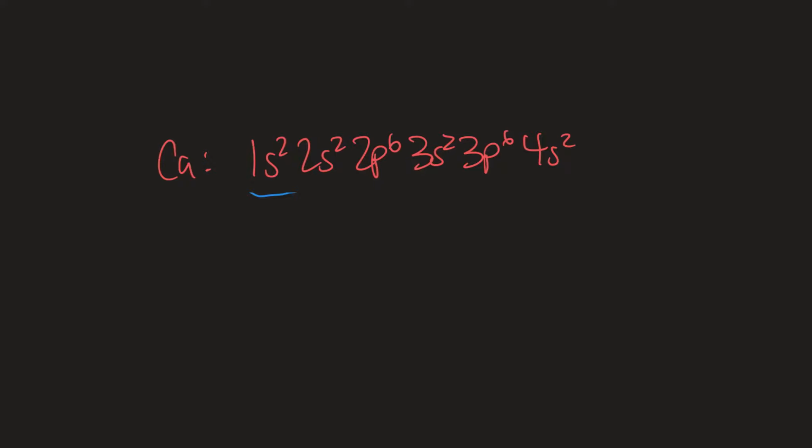Remember, these numbers here represent the shell, so 1, 2, 2, 3, 3, 4. The outermost shell is the one with the largest number, and the largest number in this case is 4. How many electrons do we have in the fourth shell? 2. So in this case, calcium contains 2 valence electrons.